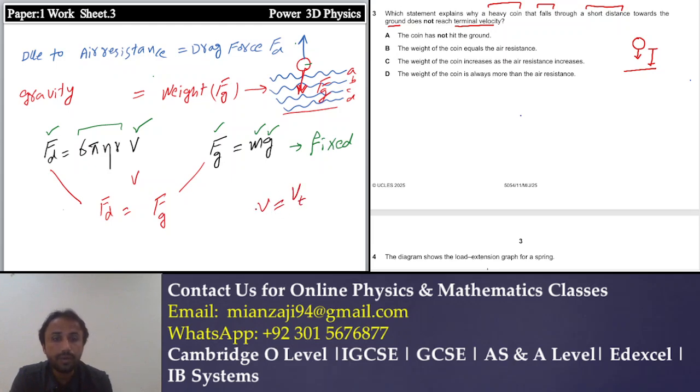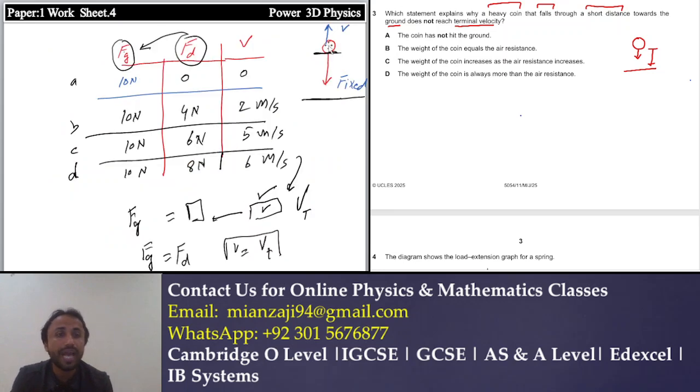To attain terminal velocity, these two forces must become equal, and velocity must equal terminal velocity. But in our case the coin is heavy, so the distance is short. To attain terminal velocity the distance must be higher. But in our question statement it's clearly stated that the distance is very short.